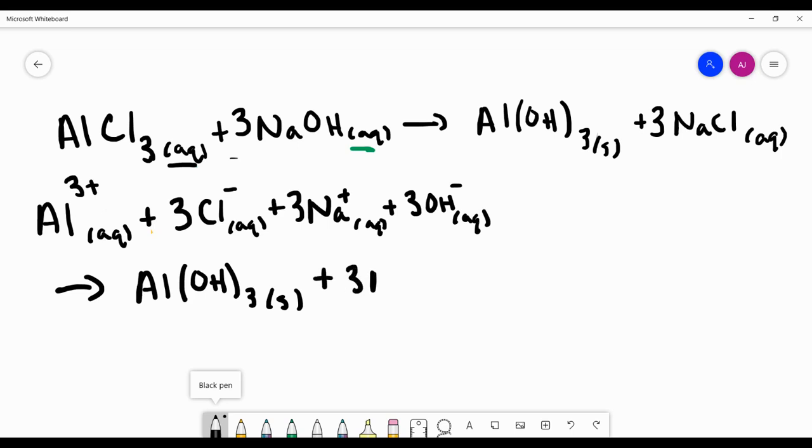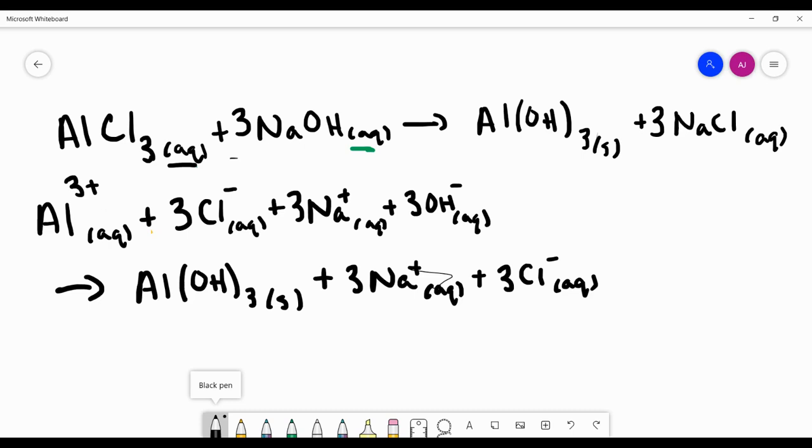Next up, we had our sodium ions and chloride ions. Remembering to apply the coefficient to both sets. So this equation here is called a total ionic equation.